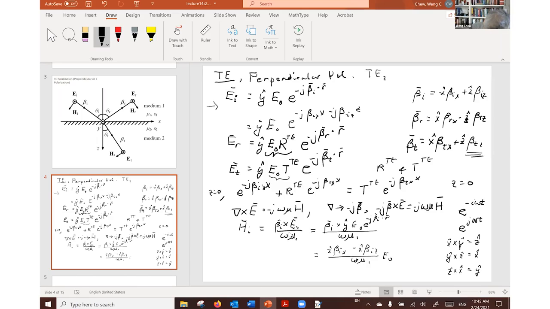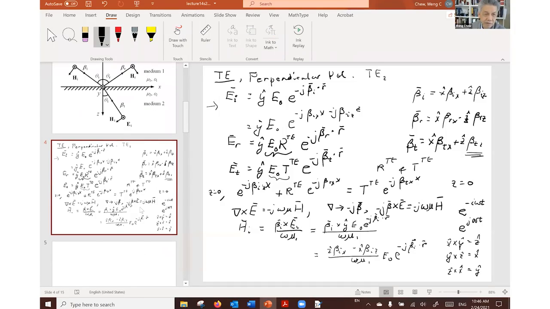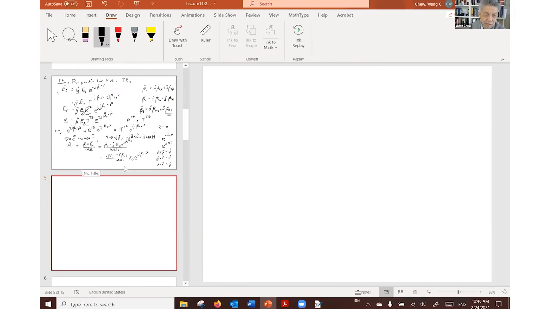E naught e to the minus j beta I dot r. Okay, this would be what I have for HI, and you can get the hang of it, and you can see how complicated it is. Okay, so I will not do the other components, but you get the hang of it. You know what I'm talking about when you have to do this in gory detail.